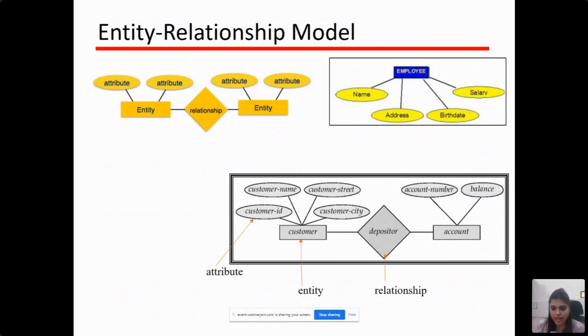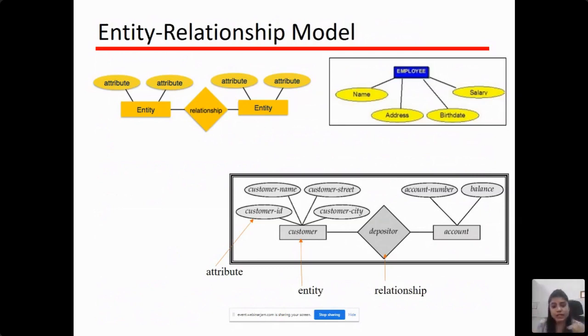Another example which we have taken is a banking example where we have a customer as an entity and account as an entity. Now, customer deposits in the account is one relationship, although we know that customer withdraws also from the account, so both ways we can use it.